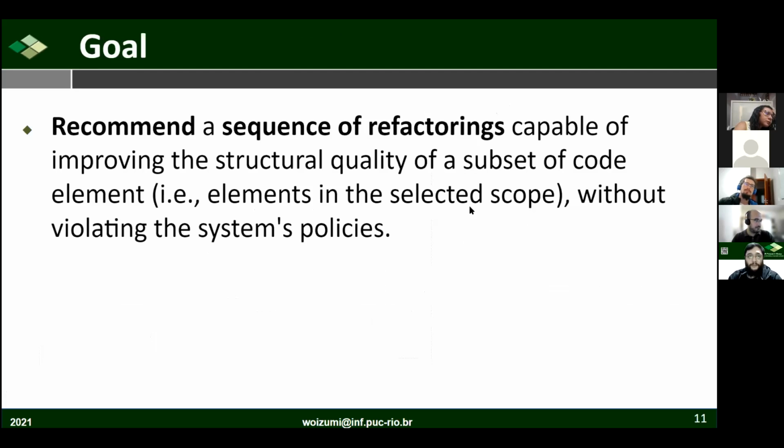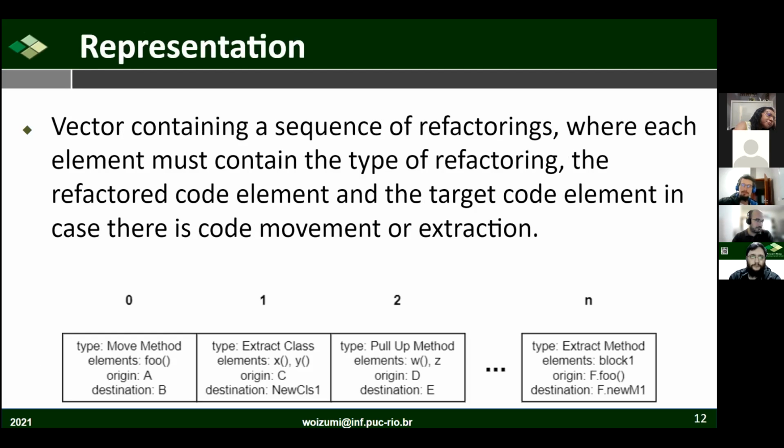So, summarizing, the goal of this technique is to recommend a sequence of refactorings that are able to improve the structural quality of a subset of code elements, the elements in the selected scope, without violating the system policies.